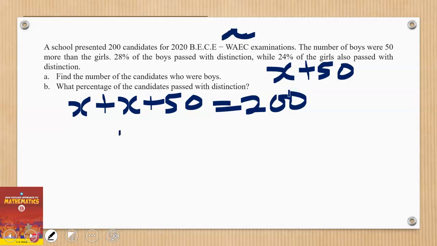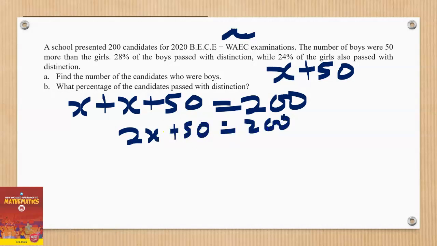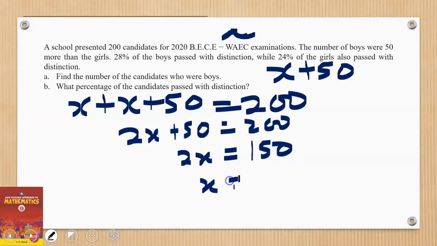So what is the x here? 2x plus 50 is equal to 200. And so we can have 2x is equal to, when you subtract 50 from 200, we get 150. So divide both sides by 2 will give us 75. So the total number of girls was 75.